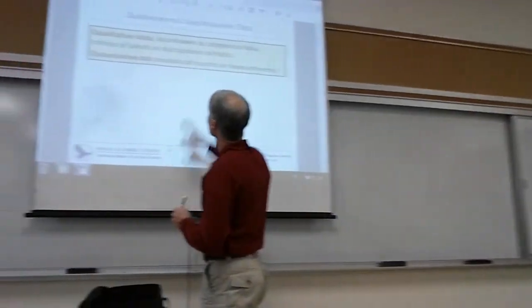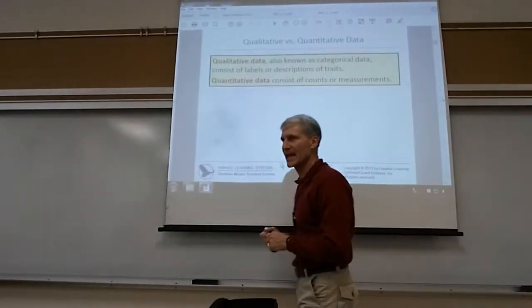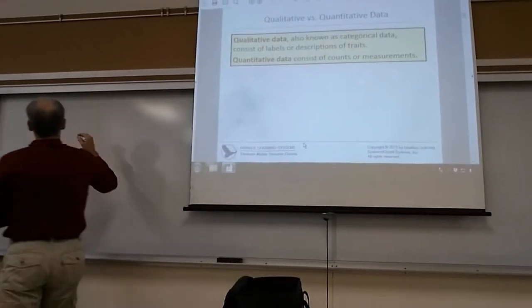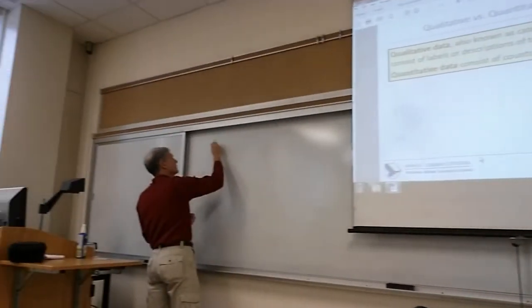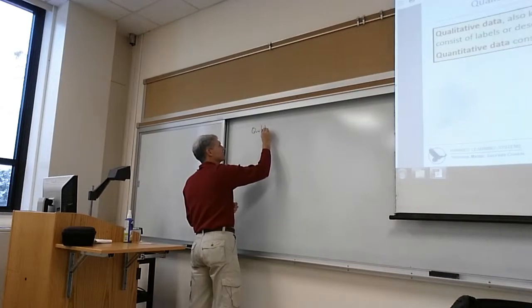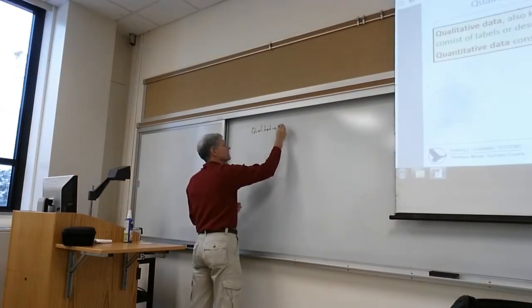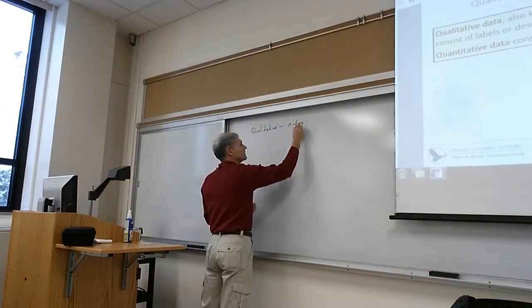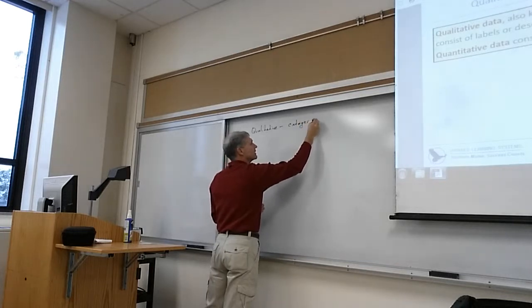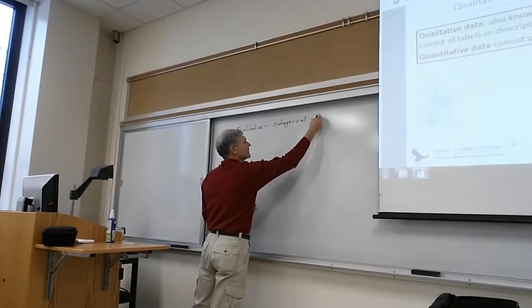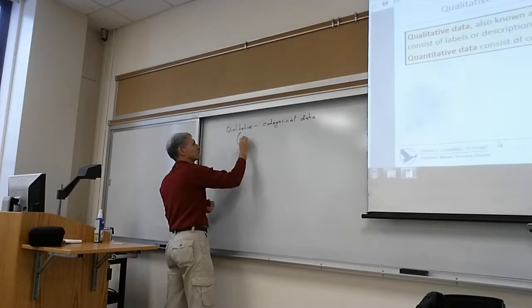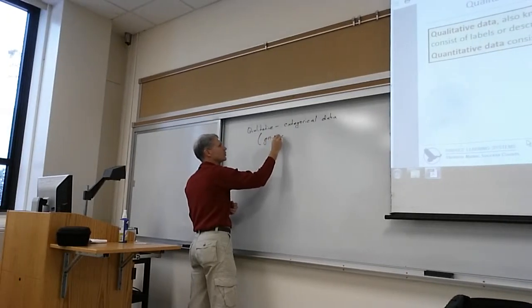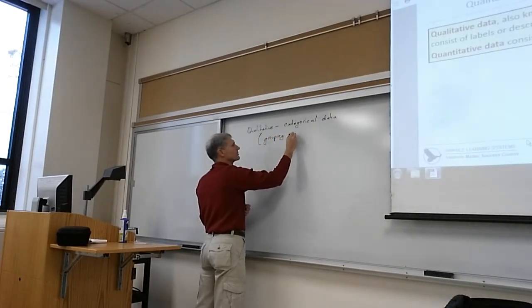So basically, qualitative is categorical. That's, to me, a better word. Qualitative is categorical data. Or an even simpler way of saying it, grouping variables.